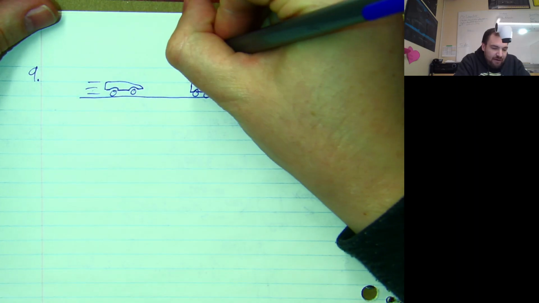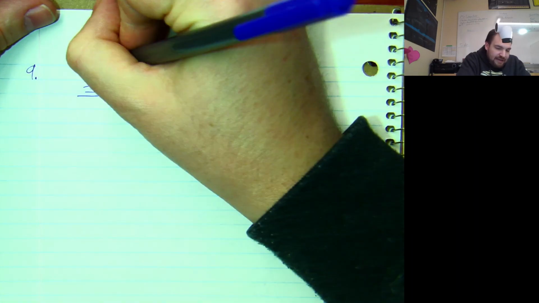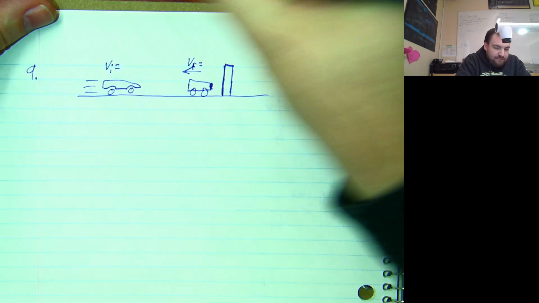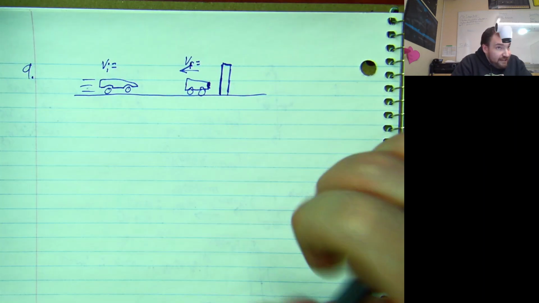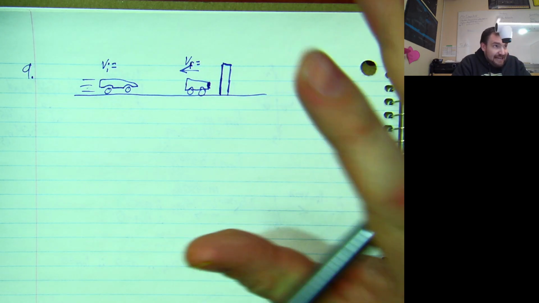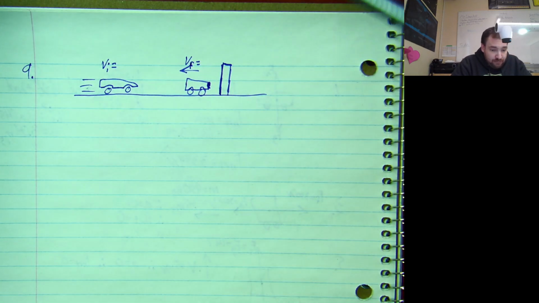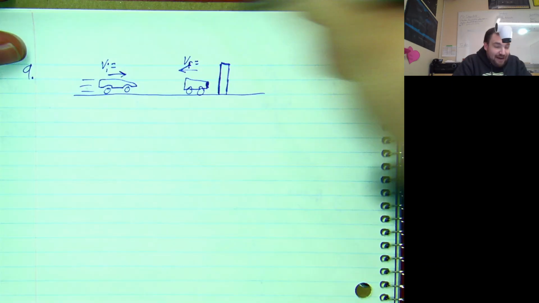So the car now has a final velocity. It had an initial velocity. In order for velocity to change, what must have happened? It has to have accelerated. Velocity was to the right, now it's to the left.